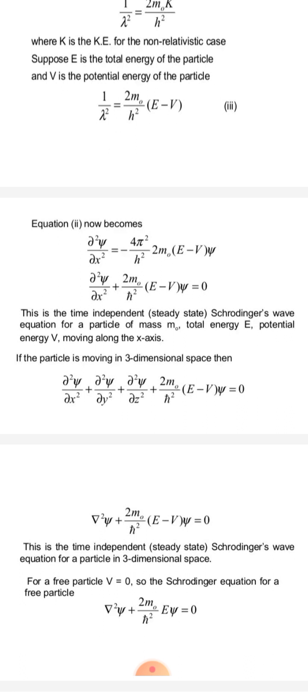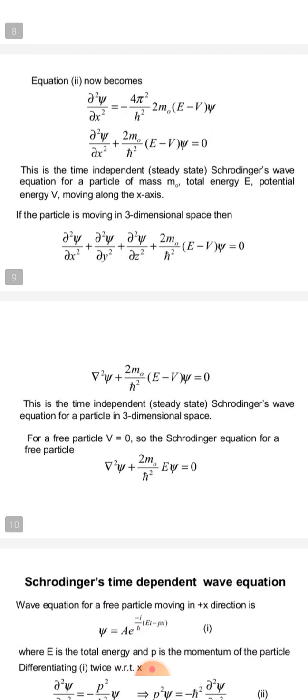If the particle is moving in three-dimensional space, then dou squared psi by dou x squared plus dou squared psi by dou y squared plus dou squared psi by dou z squared plus 2 m naught divided by h cross squared (E minus V) psi equals 0. Del squared psi plus 2 m naught divided by h cross squared (E minus V) psi equals 0.